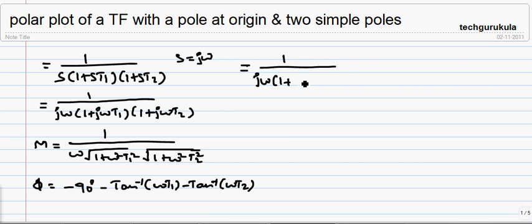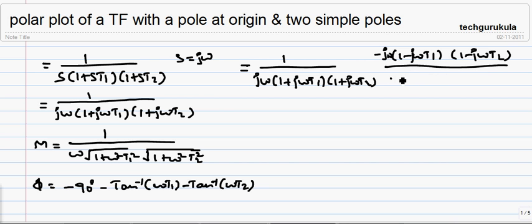We have this equation, 1 over j omega times (1 plus j omega T1) times (1 plus j omega T2). In order to get this equation in complex form, we multiply with the complex conjugate of the denominator term, in the numerator as well as the denominator. This will be minus j omega times (1 minus j omega T1) times (1 minus j omega T2), divided by the same term, minus j omega times (1 minus j omega T1) times (1 minus j omega T2).